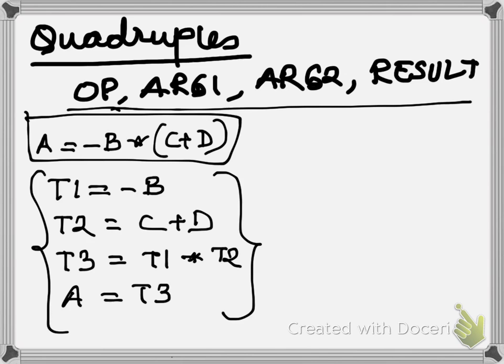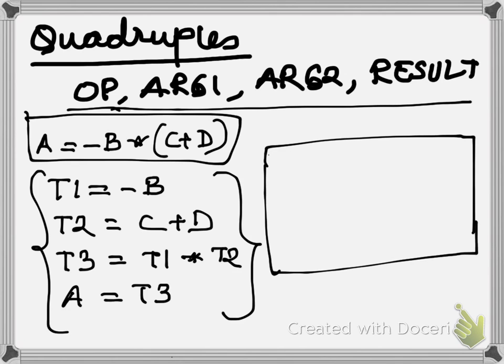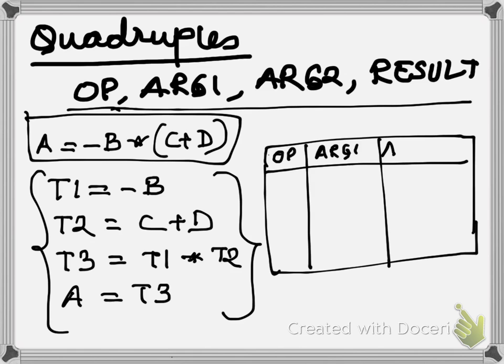As quadruples, they are represented in a table kind of structure. First is op, then arg1, arg2, and result.